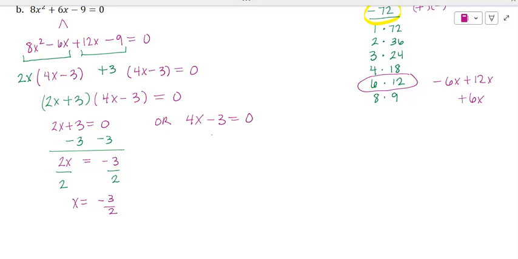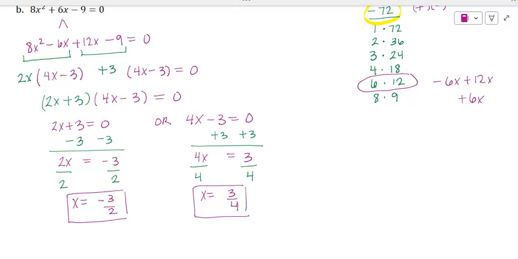For our second equation, let's add 3 to both sides. And then divide by 4. So here are the two solutions.